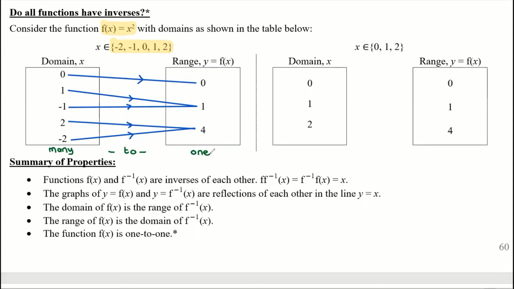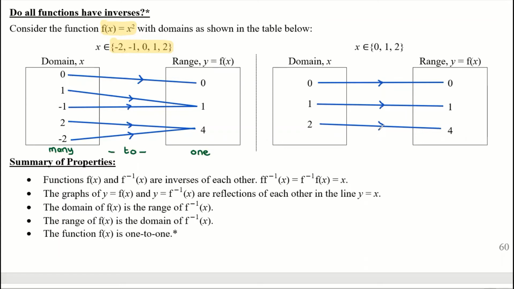Now if we look at the second example, I've restricted the domain even further. So we're just taking 0, 1, and 2. If we do that mapping, and you can do this, or you can pause and do this yourself: 0 to 0, 1 to 1, and 2 to 4. Same rule, of course.